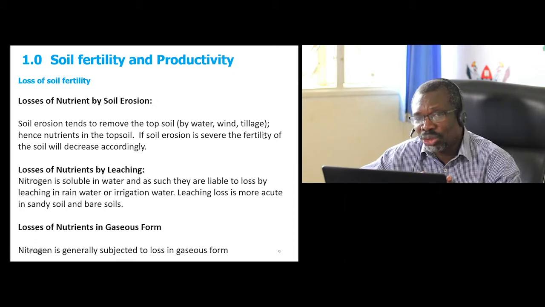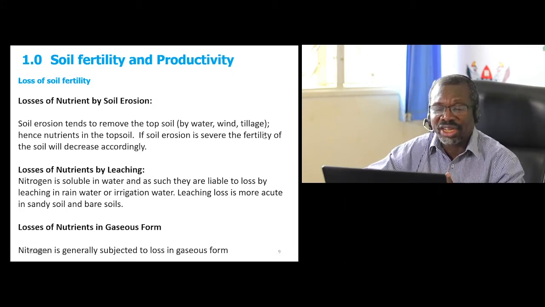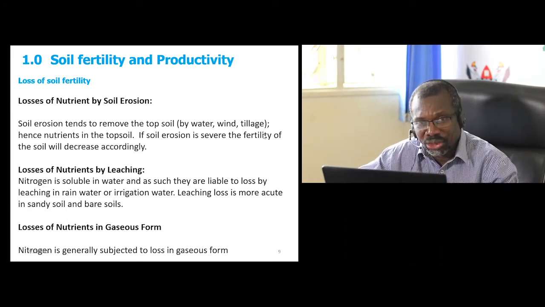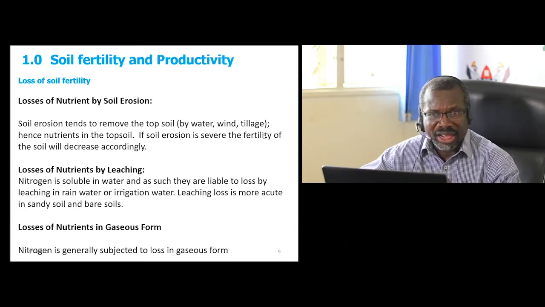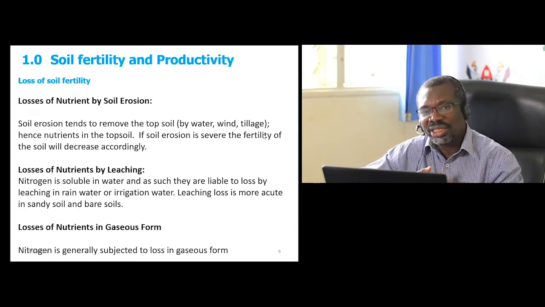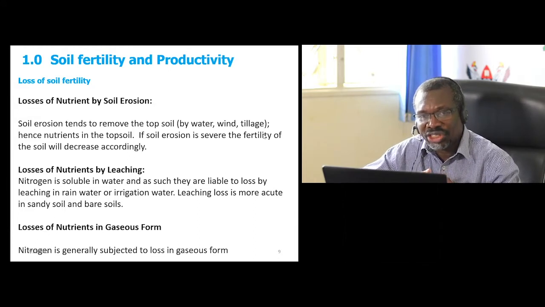Nutrients can also be lost through leaching, and particularly those which can be dissolved into water, especially nitrogen. Through erosion, we lose more phosphorus because of the bond between phosphorus and the soil particles.